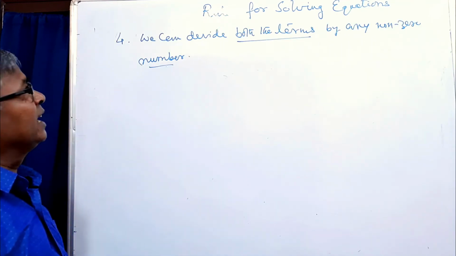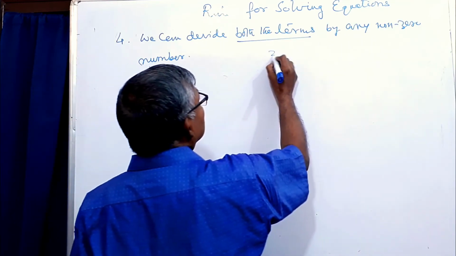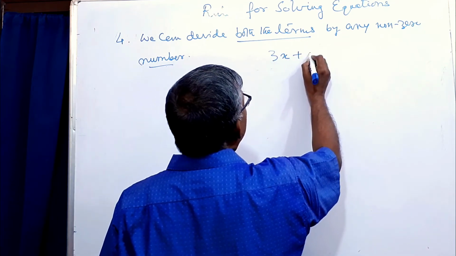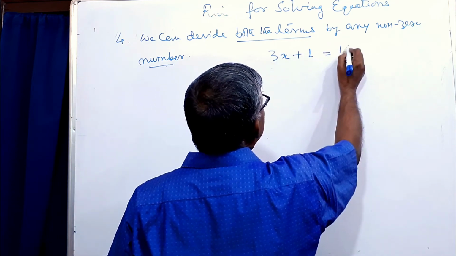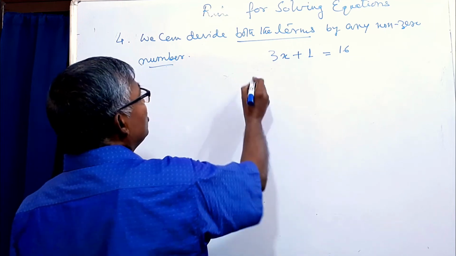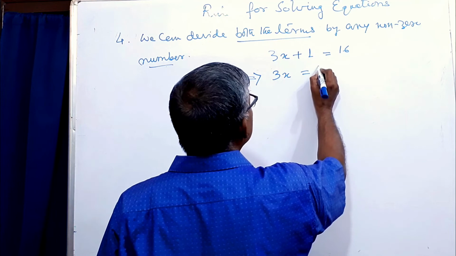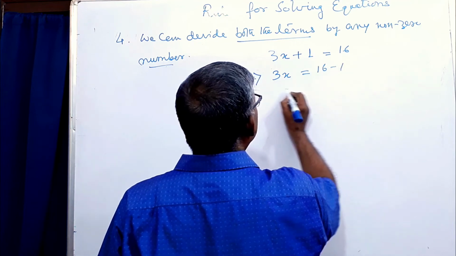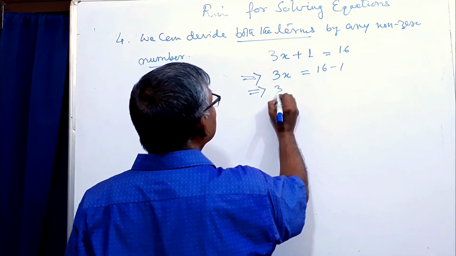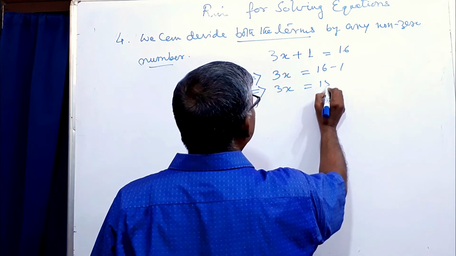Suppose an equation 3x plus 1 equals 16. So we can write 3x equals 16 minus 1. This implies that 3x equals 15.